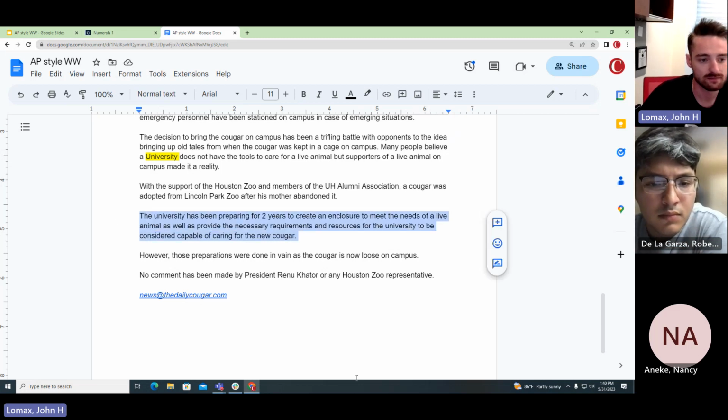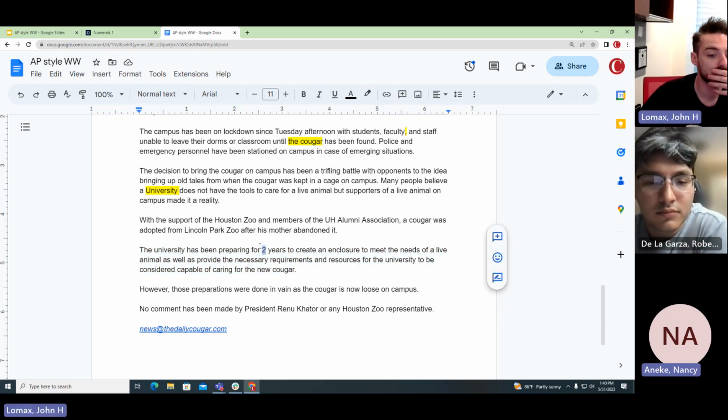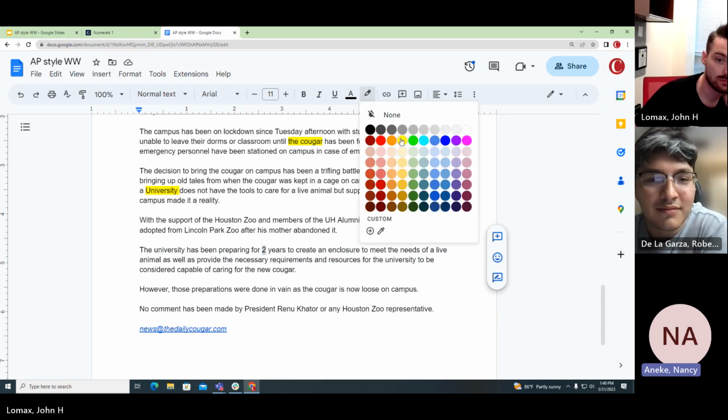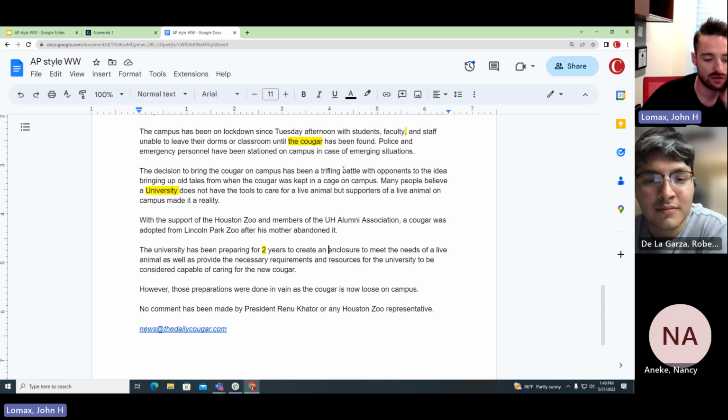What do we see here? I think I learned, in news writing, that any number under 10 must be spelled out. Yep, that's correct. Any 1 through 9, you're going to spell out every time.